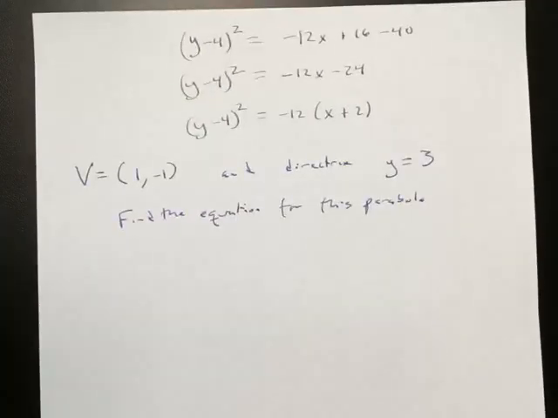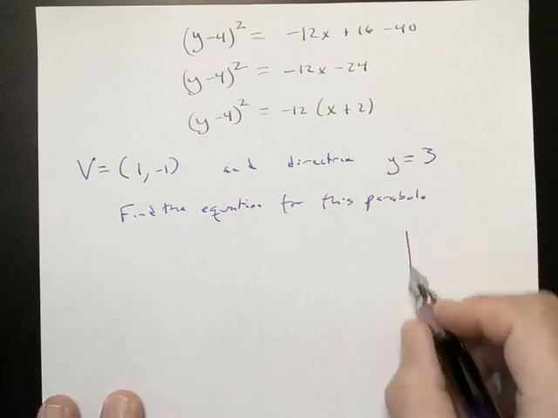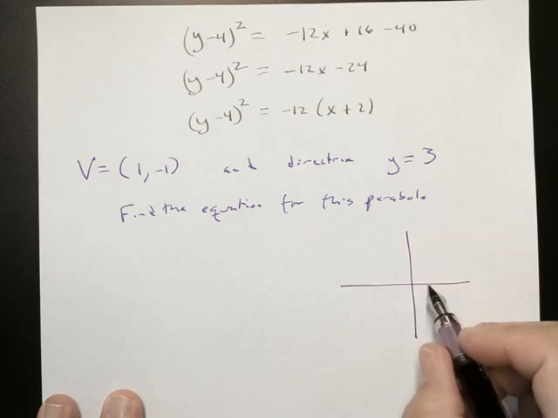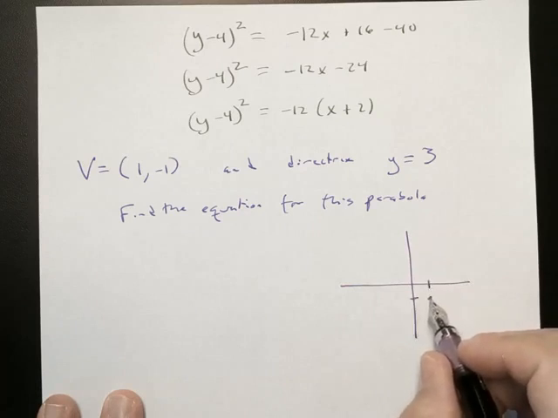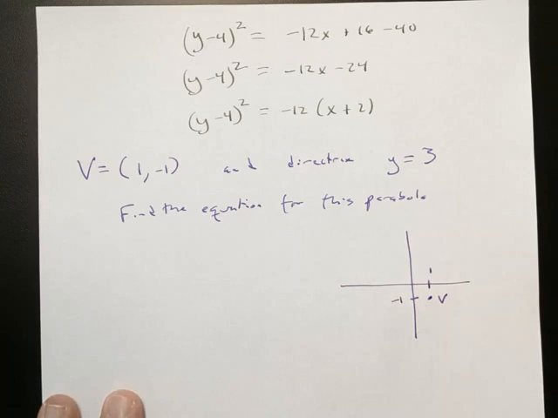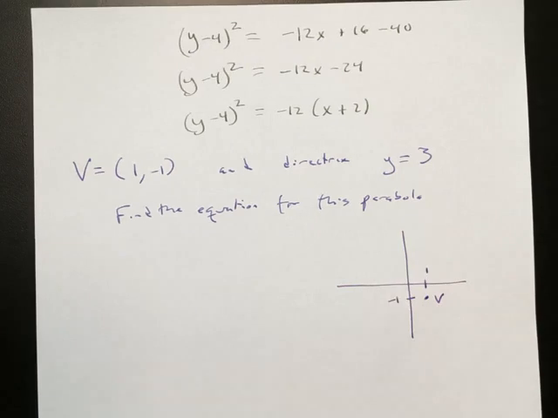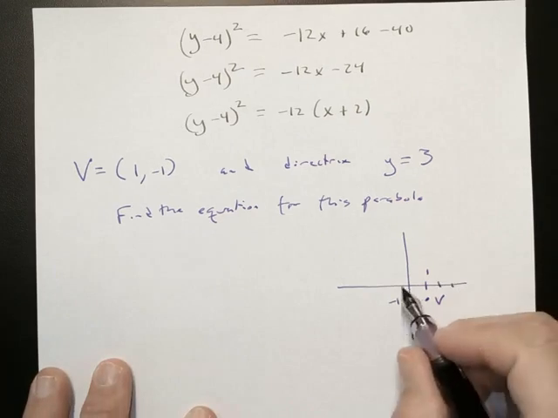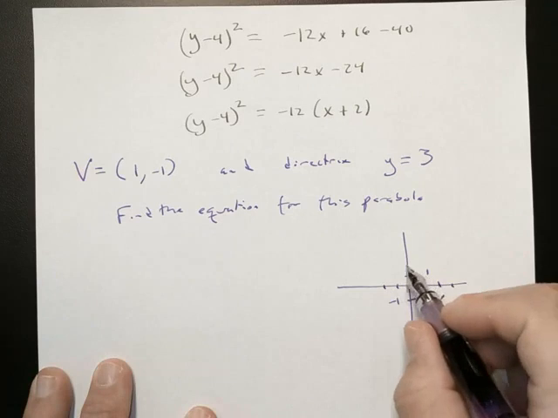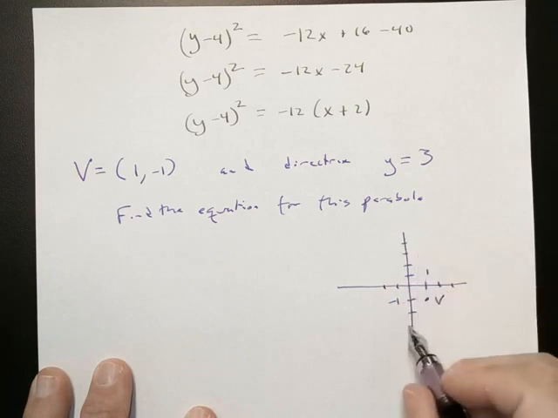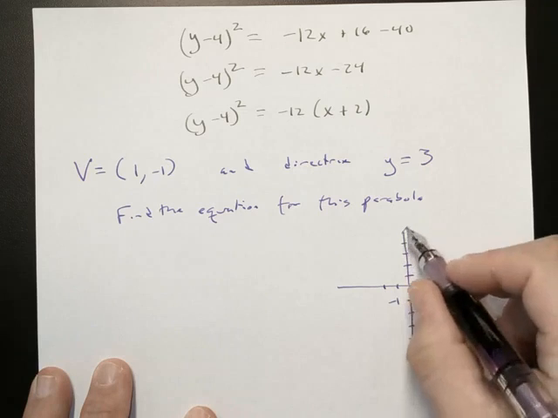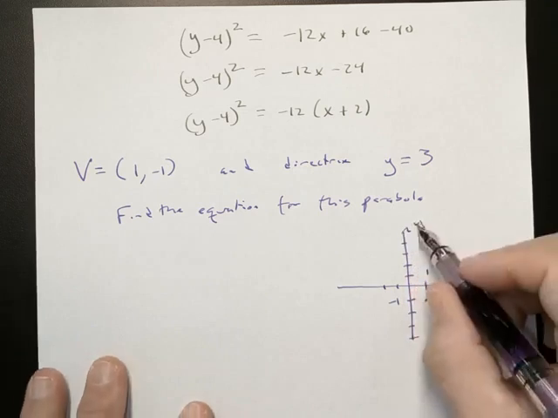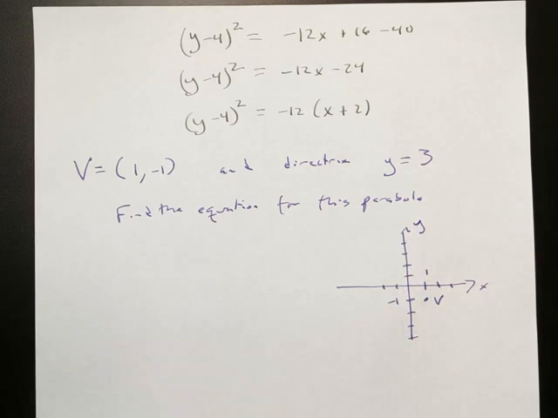Now again, I'm visually driven. So I say to myself, let me draw the picture of what I know. 1, -1 would be there. There's my vertex. Where is my directrix?